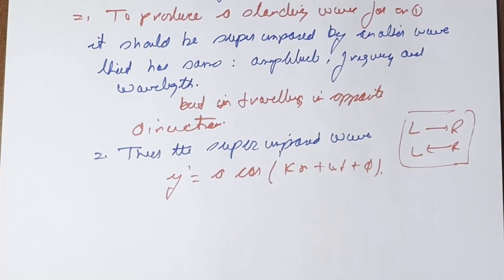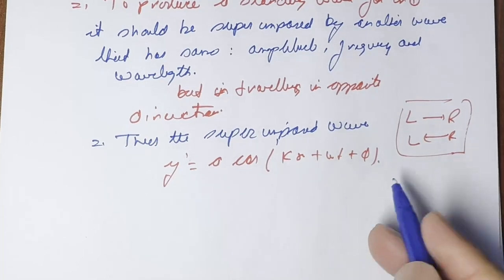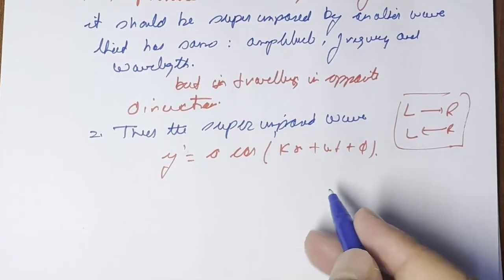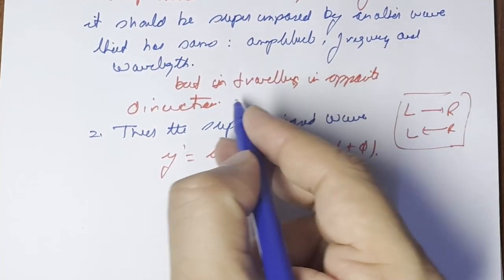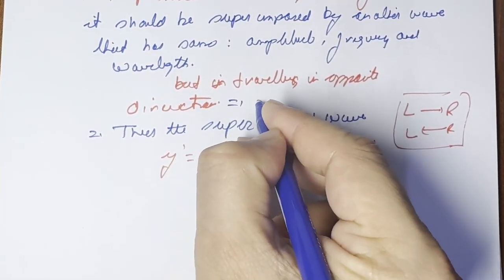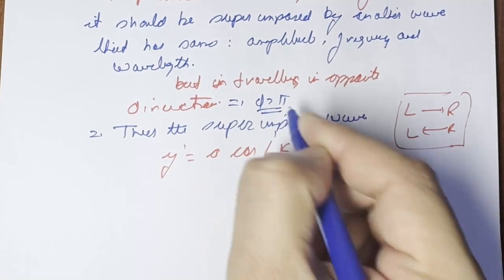So the phase angle will be phi, traveling in opposite direction, therefore phi is equal to pi.